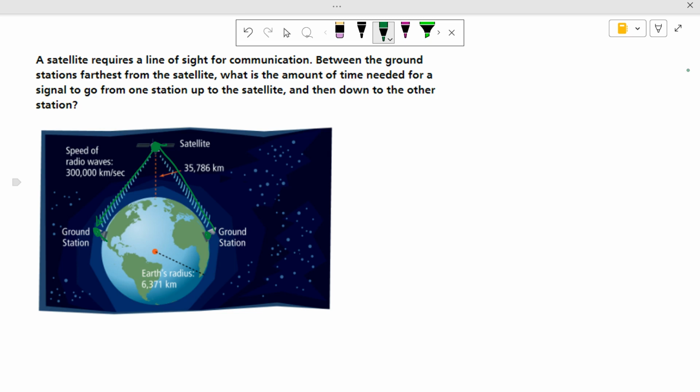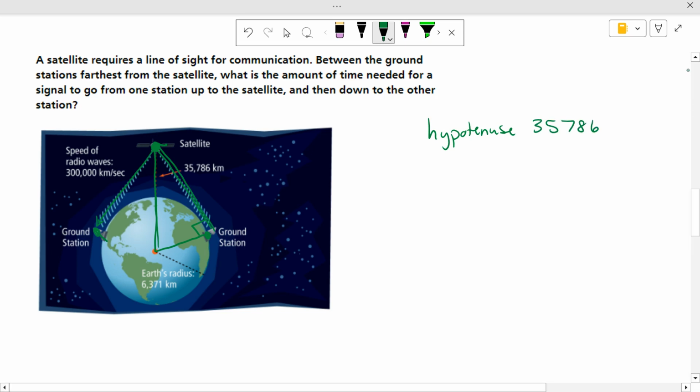Well, now let's figure this out. What we have here is we can draw a triangle, where this is a right angle, so the hypotenuse is right here. The hypotenuse of our triangle is 35,786 kilometers plus the radius of the Earth, which is 6,371 kilometers.